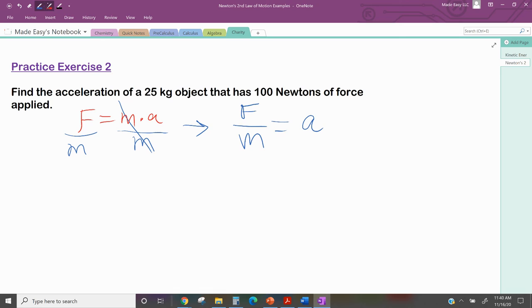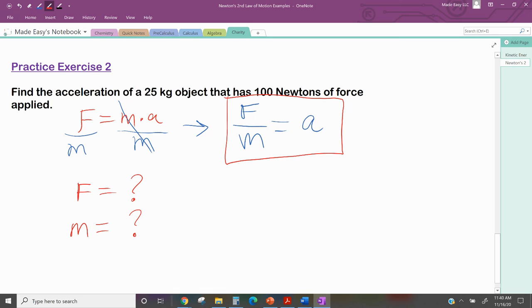Okay, if you don't have that skill, make sure you get that skill. It's essential if you want to learn high school level material. All right, so we need to figure out what is the force that we were given, what is the mass that we were given?